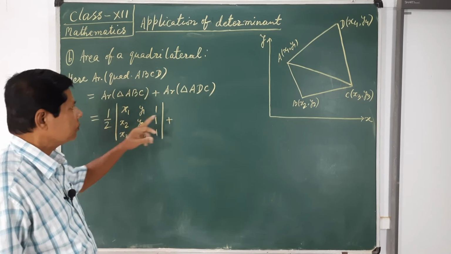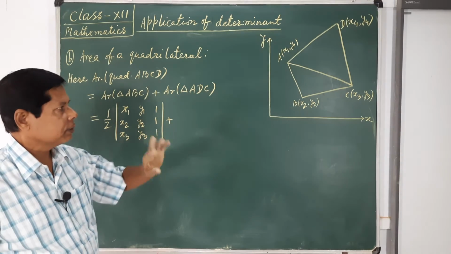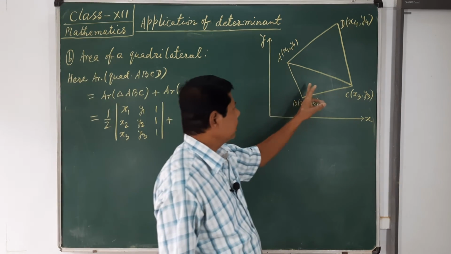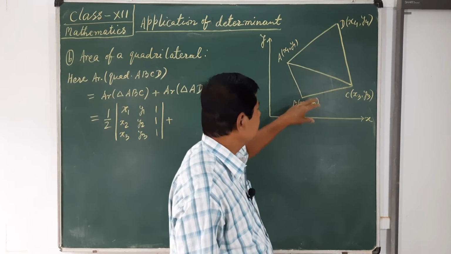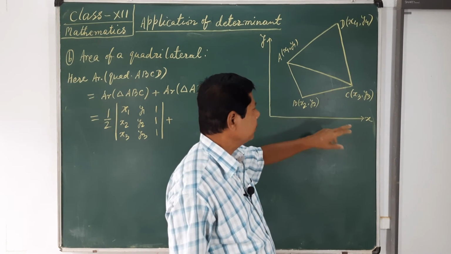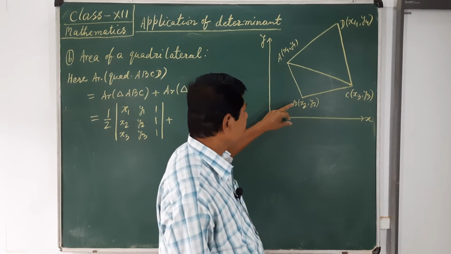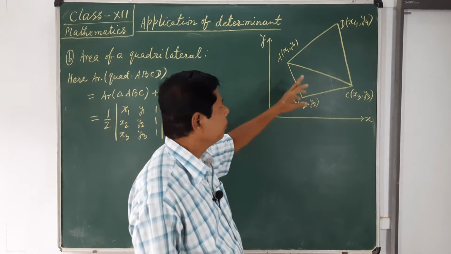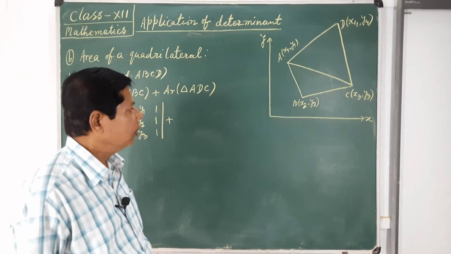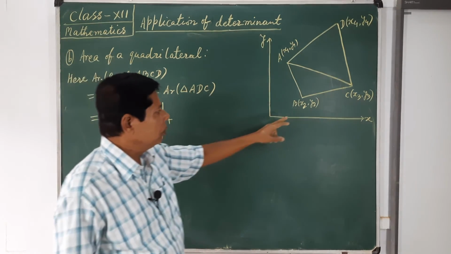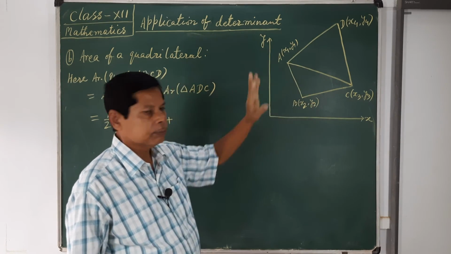Now, the difference between triangle ABC and triangle ADC: the coordinates of A and C remain the same. The difference is the coordinate of B. Instead of B, we have D, whose coordinate is x4, y4. So, where x2, y2 is there, it will be replaced by x4, y4.